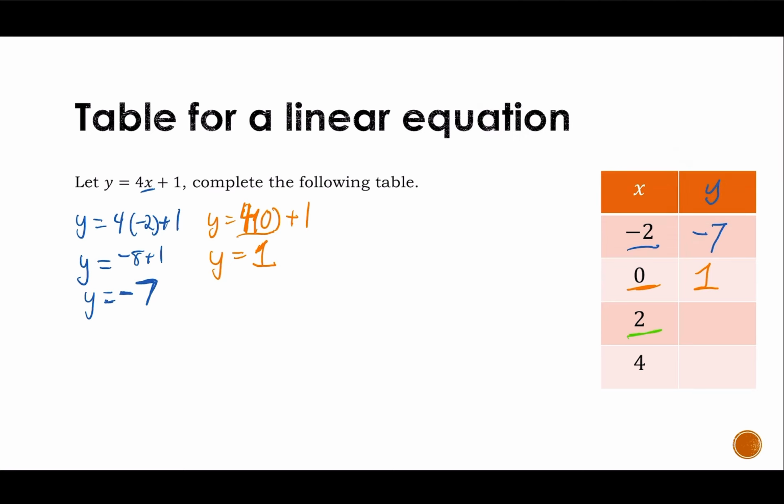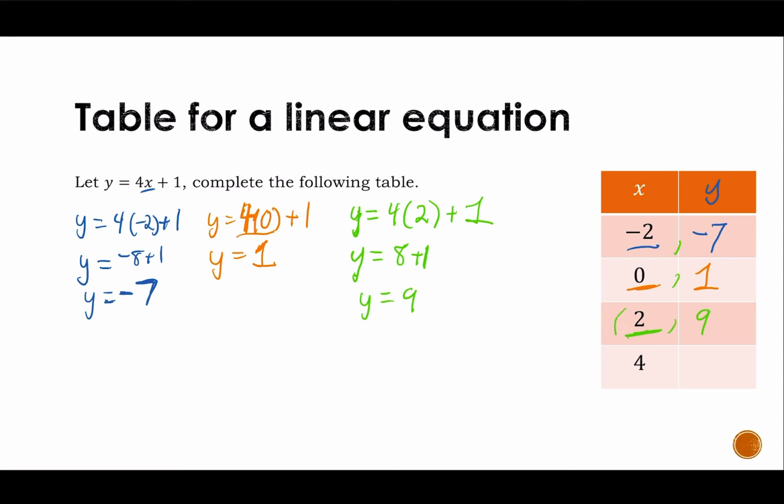Keep going to fill in this table. I've got 2. Y is 4 times 2 plus 1. Y is 8 plus 1. So y equals 9. So when x is 2, y is 9.